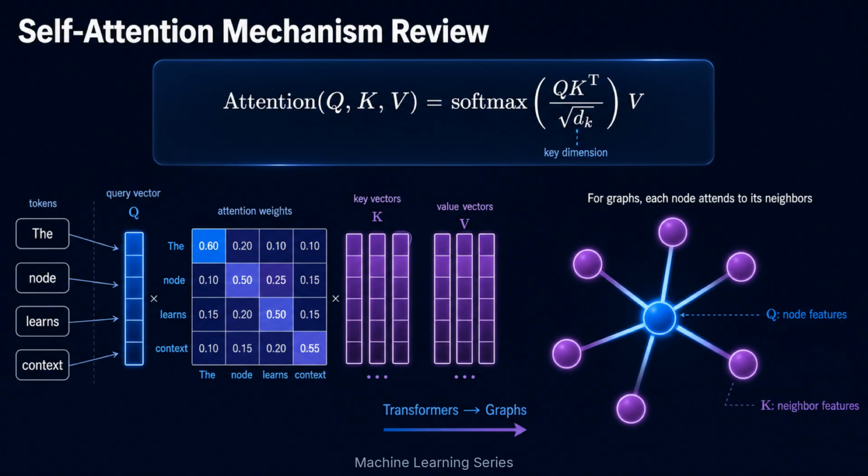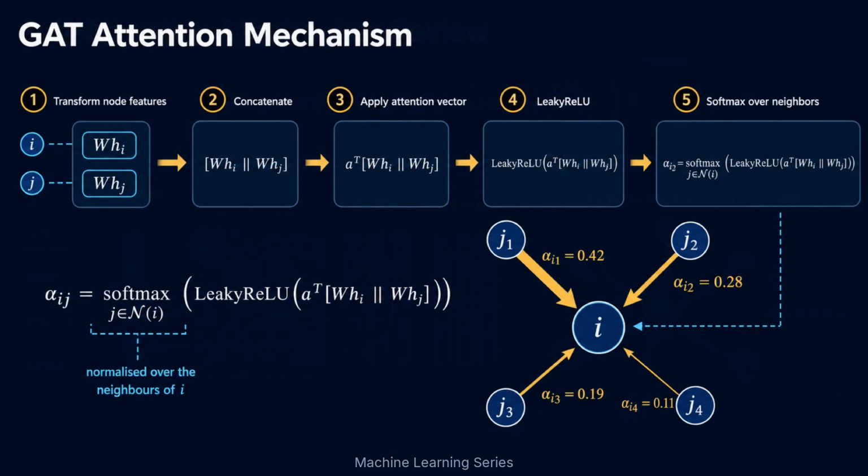For graphs, we adapt this idea. Each node becomes a query attending to its neighbors as keys and values. The key modification is that we only attend to graph neighbors, not all nodes, preserving the local structure that makes graphs special.